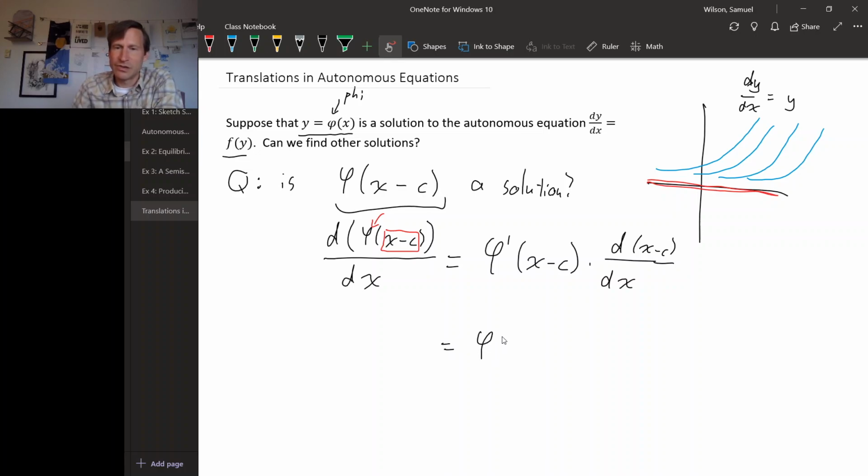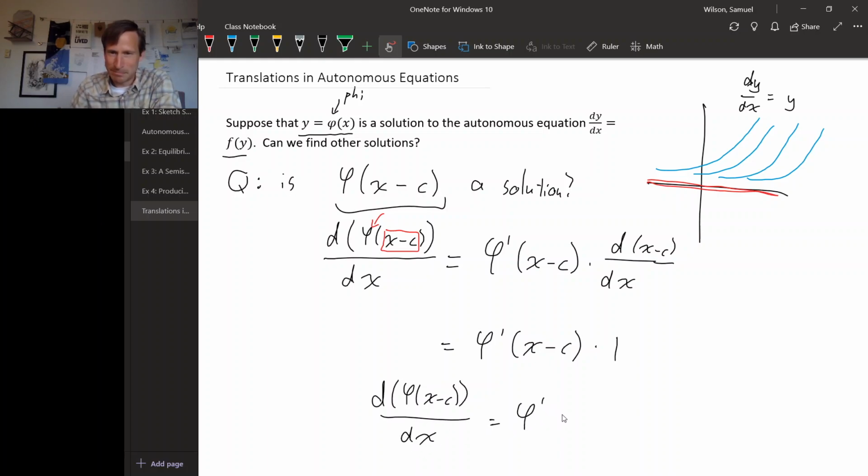So this is phi prime of x minus c times the derivative of x minus c. Well, c is a constant, so when you take a derivative, it just goes away, and the derivative of x is 1. So we get that the derivative of phi of x minus c with respect to x is phi prime of x minus c. Okay, so now we know the derivative of phi of x minus c.